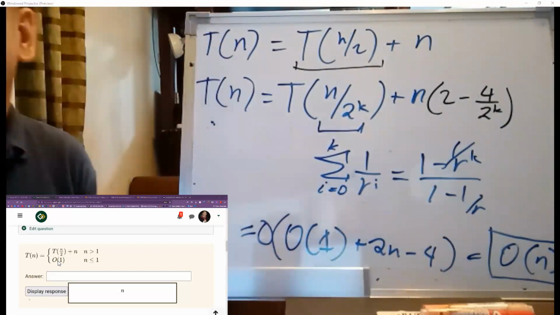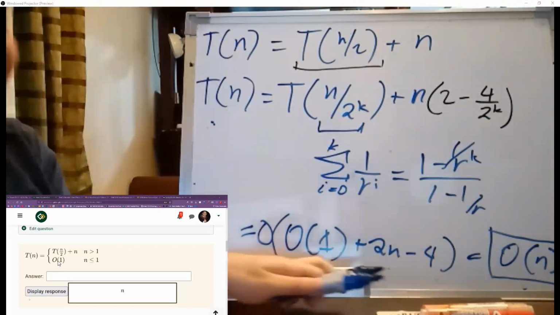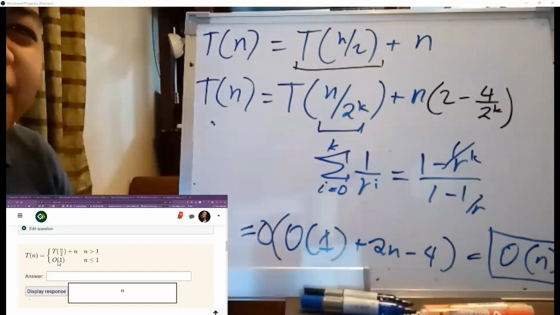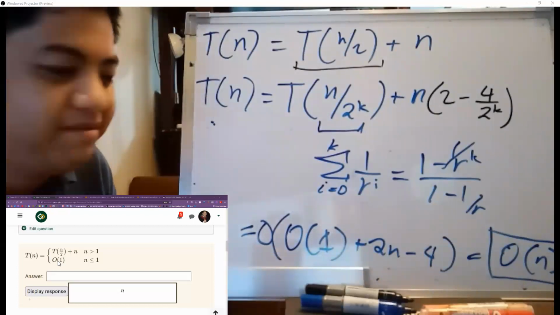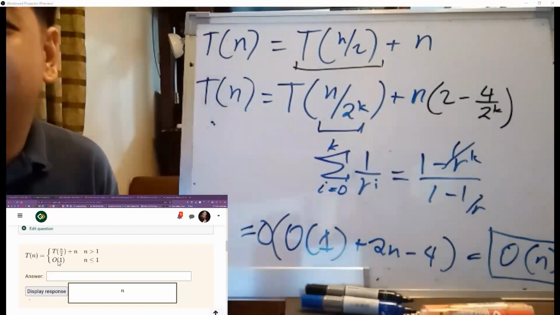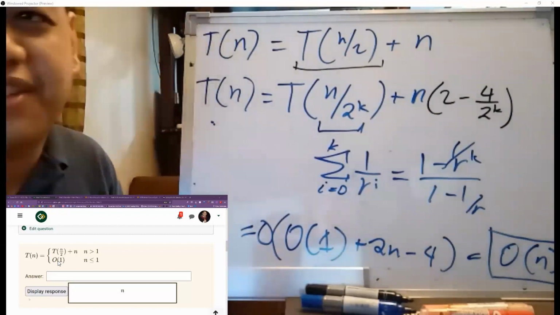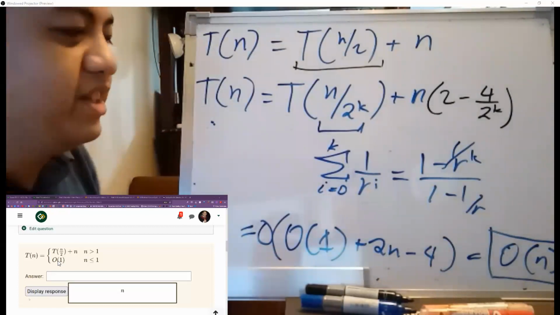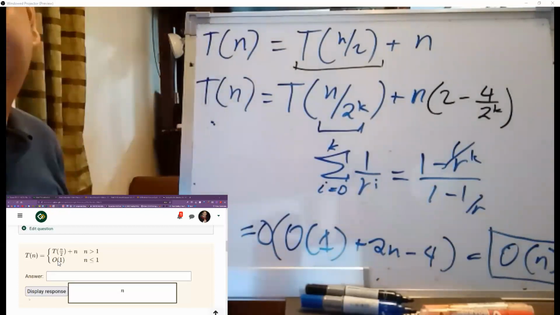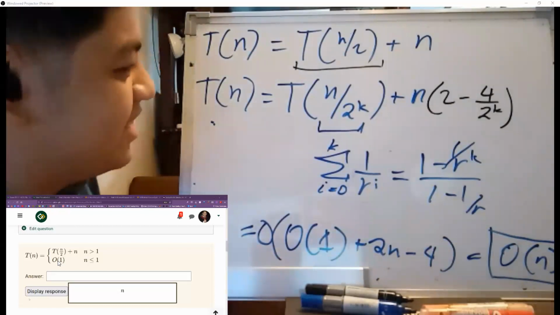Pero alam ko prereq naman. I guess kung hindi nyo naman alam, search naman. Search lang geometric, sum of a geometric series. Kasi ako, actually, nung ginagawa ko yung solution nito, sinerch ko pa rin siya. Nalaglag ko yung sarili ko.